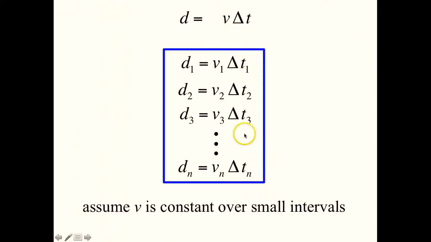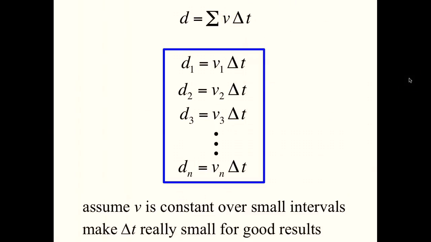Now, these delta t's are all the same. It was all 0.1 seconds, or all 0.01 seconds, or they were all the same 0.001 seconds. So we can take away the subscript. When we add these up, the way we show that in our formula is we put up here a sigma. And we said we got really good values if we made delta t really small.